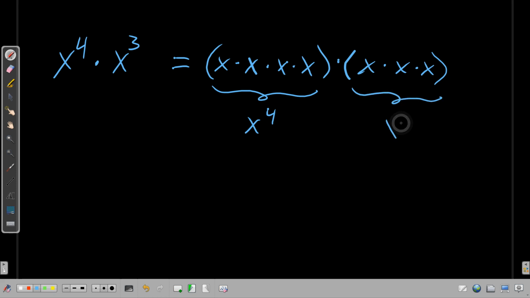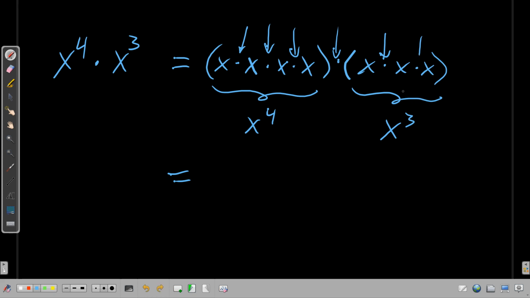We don't know anything else about exponents at this point, except that what it said in the top of that discussion board was that the exponent just counts up how many x's are being multiplied. Well, when I look at what I have written down here, the only operation that's happening is multiplication.